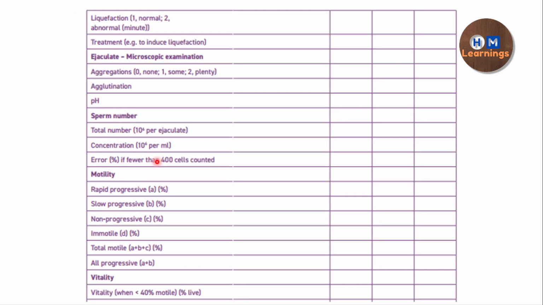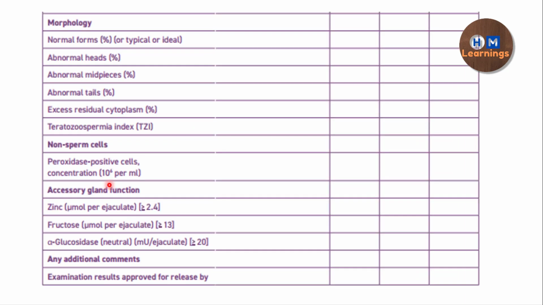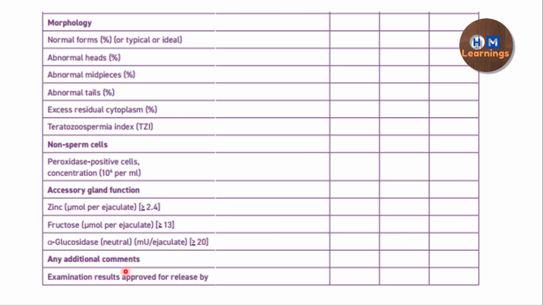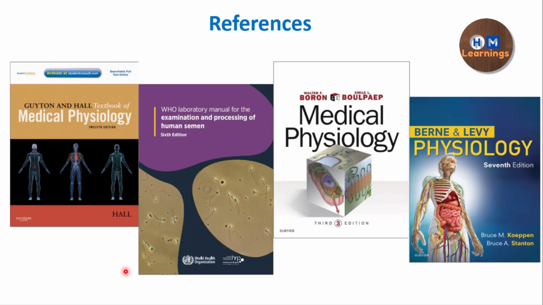Then the visual appearance, viscosity, liquefaction, ejaculate, whether there is any aggregation or agglutination, then pH of the semen, sperm number, total number, concentration, motility, vitality, morphology, non-sperm cells if present, and accessory gland function: the content of fructose, zinc, alpha-glucosidase, and any additional comments. So this is about the whole examination of the semen.